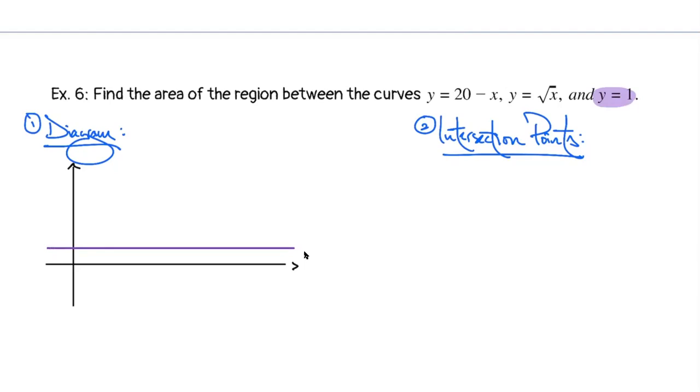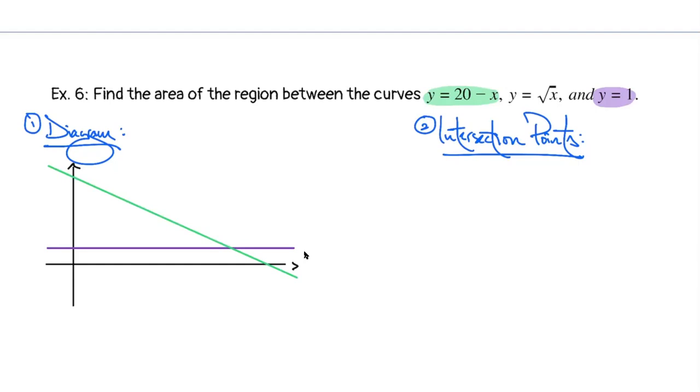Okay. All right, let's go to this one. Y equals 20 minus x. What does that look like? Good. Y-intercept at 20 and a slope of -1. Okay, so maybe that looks something like this.